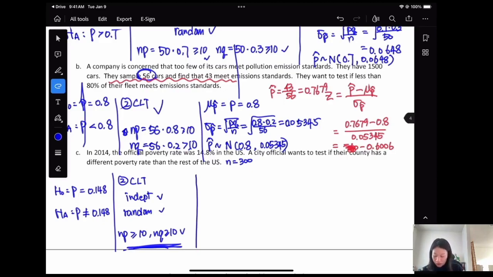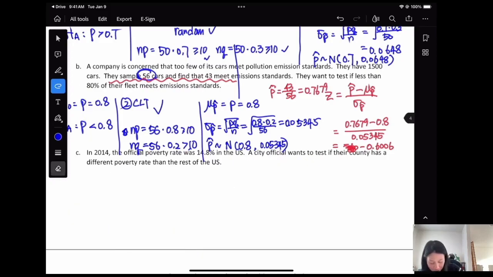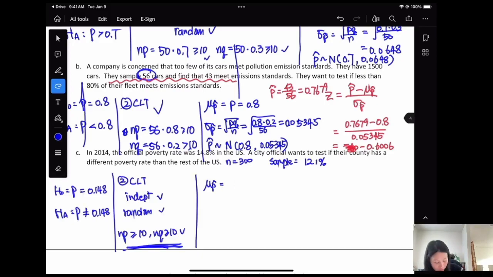All right, so now let's say the sample we got, which is from this county, the rate we got is 12.1%, which is less than 14.8%. Okay, so the first step is we want to set up a normal sampling distribution of proportion. Our mu p hat is equal to our current hypothesis proportion, which is 0.148.